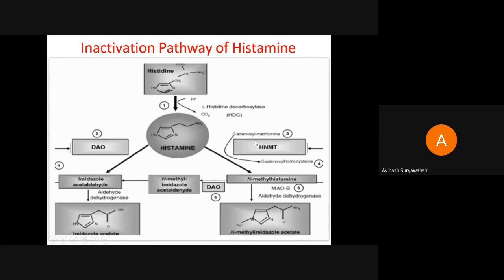Here is how histamine gets degraded and metabolized: by two particular enzymes. The name of that enzyme is histamine N-methyltransferase. And here DAO stands for diamine oxidase. So here one is a transferase enzyme, and on the other side an oxidase enzyme.